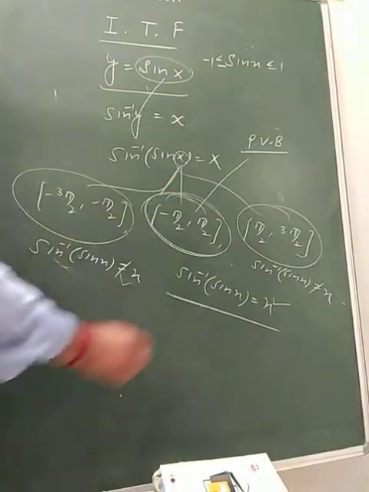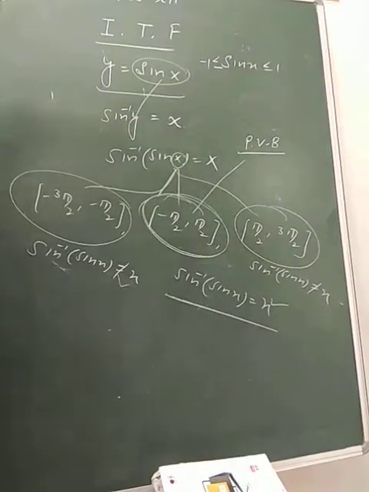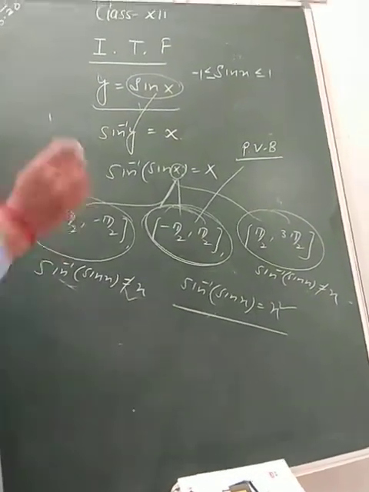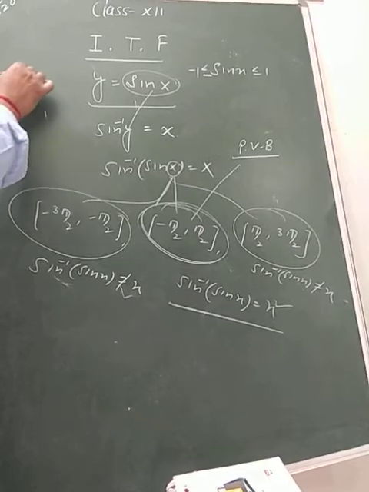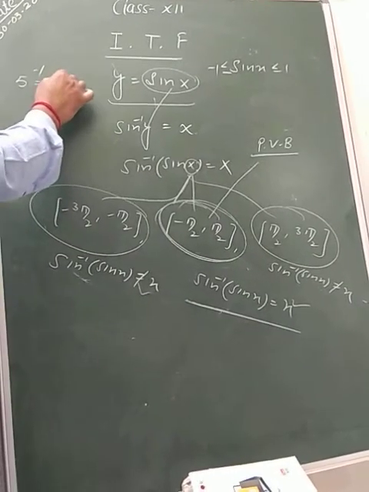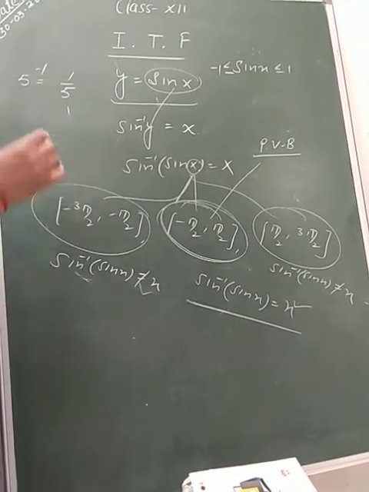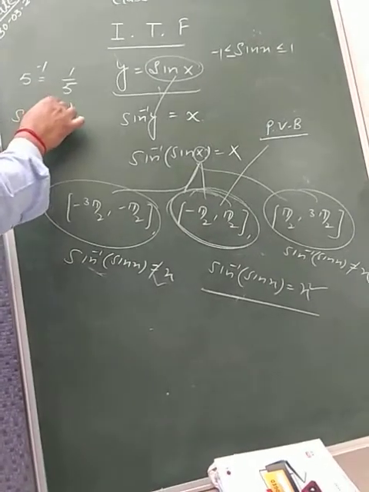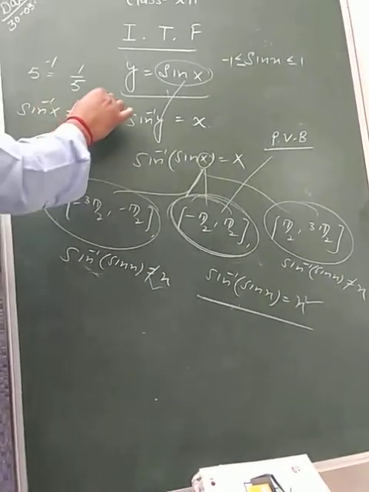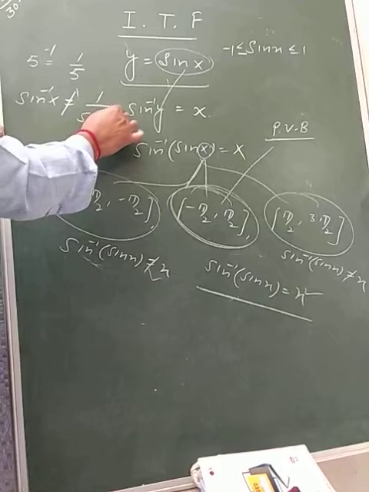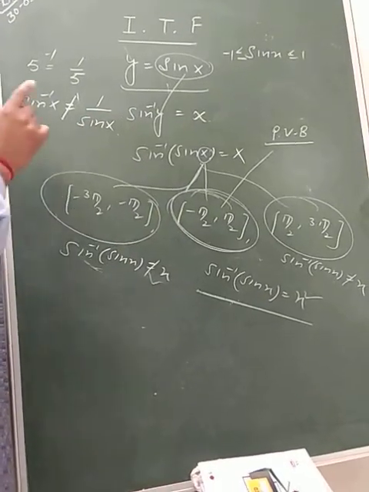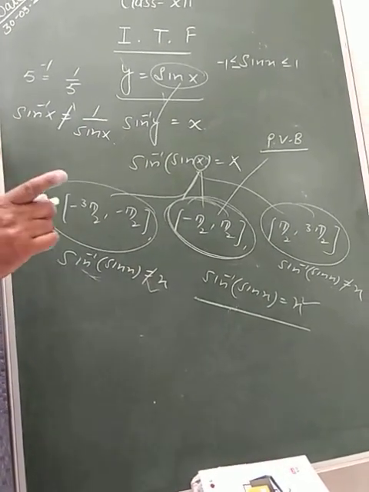One point to keep in mind: if I write 5 raised to power minus 1, we can write 1 by 5. But for sin inverse x, we cannot write it as 1 upon sin x, because here we are using a trigonometric function.